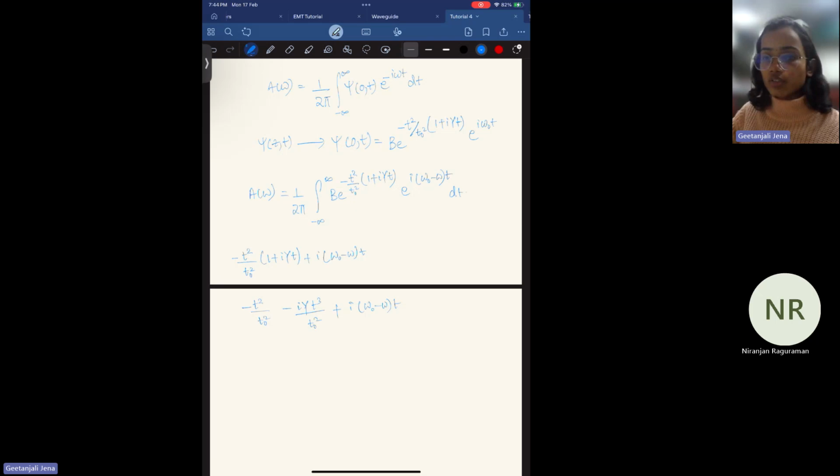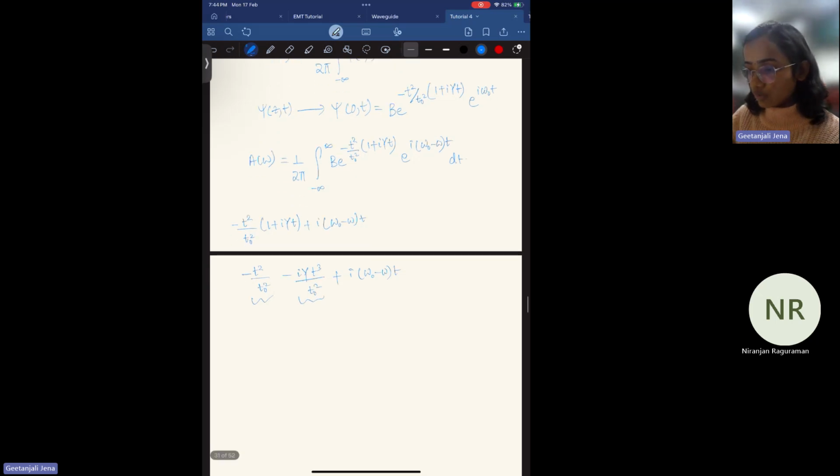So here you can see in addition to t square, we have a t cube term, right? To calculate the integration for this, we don't know the standard formula. But what we can do, gamma here is the perturbation.